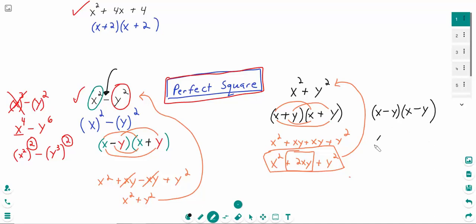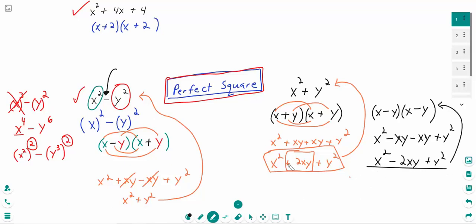Well, if you do that, again, if you FOIL it, you're going to end up with x squared minus xy minus xy plus y squared. And these are not going to eliminate again. The only difference now is it's minus 2xy plus y squared, which again is not the same as this.